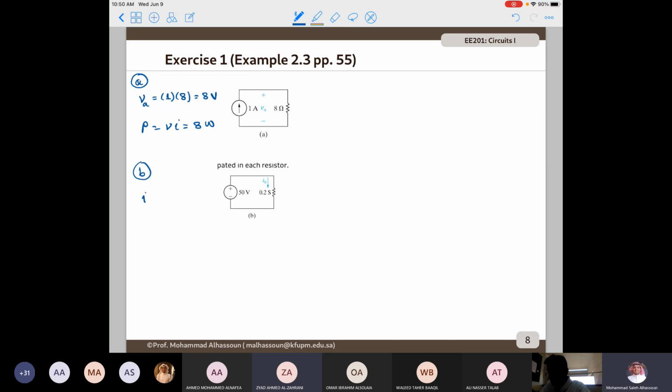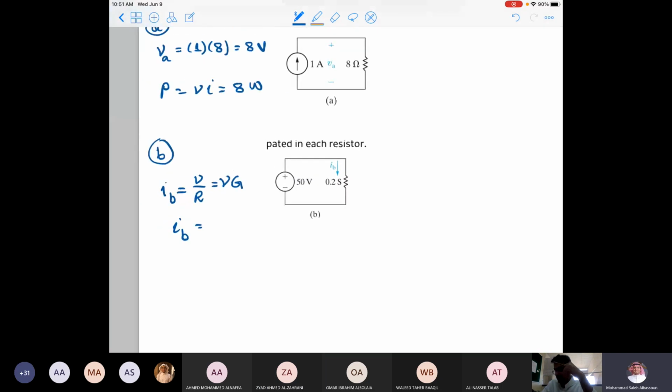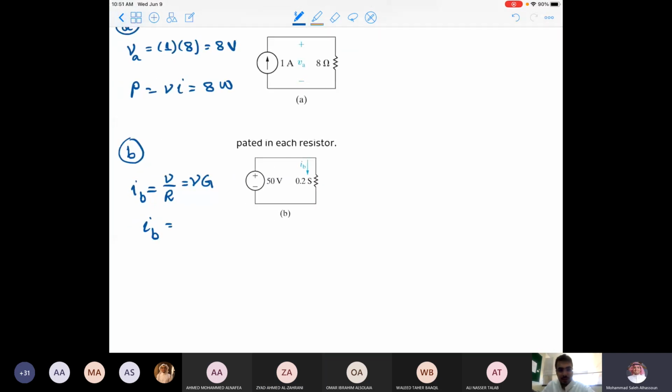And the resistance is the reciprocal of the conductance, which means that the current is V over R. In this case, we are not given R, we're given G. So G is 1 over R, and the current will be V multiplied by G. So I is 10 amperes. Who can give me the value of the power?